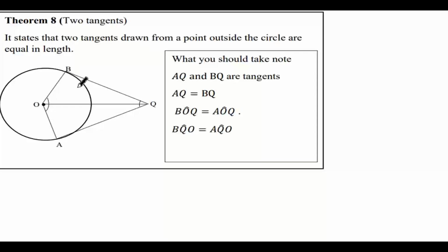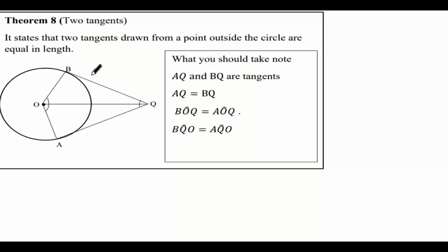So look at the things you should see here. If two tangents are drawn to meet at a point outside the circle, then the two tangents will be equal.